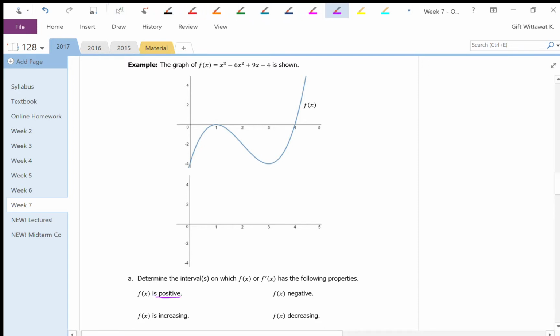Once again, positive means it lies above the x-axis. So my function is positive on the interval 4 to 5. My function is negative when it lies below the x-axis, so it's negative on the interval 0 to 4.